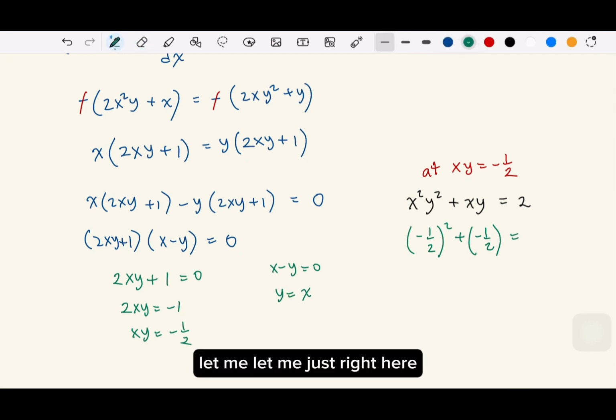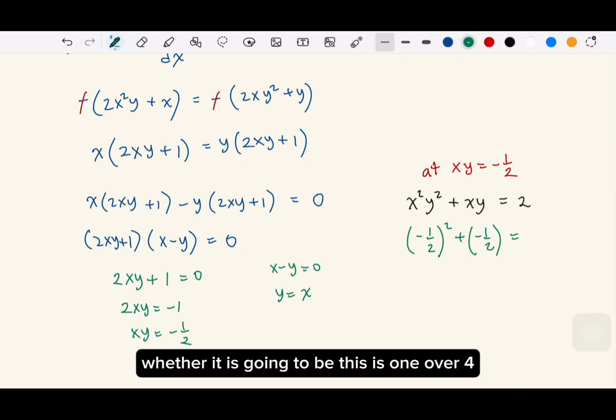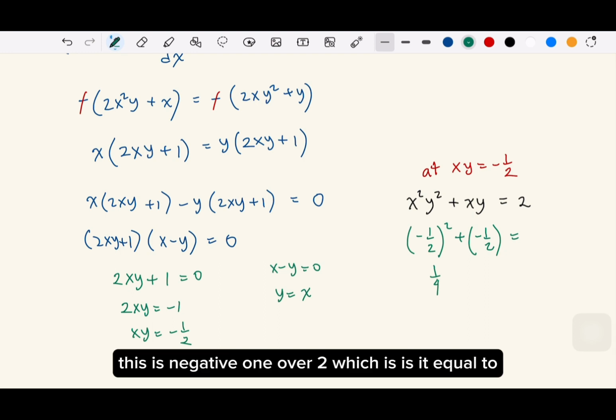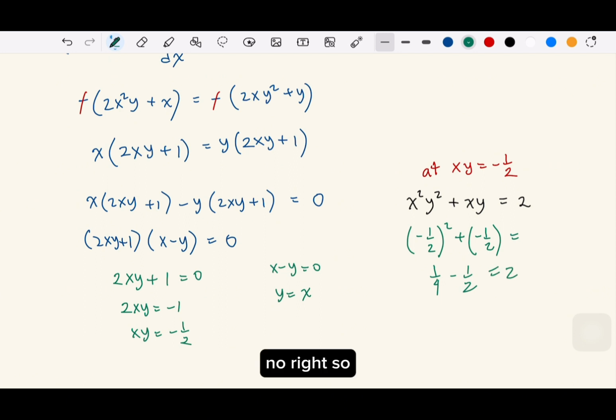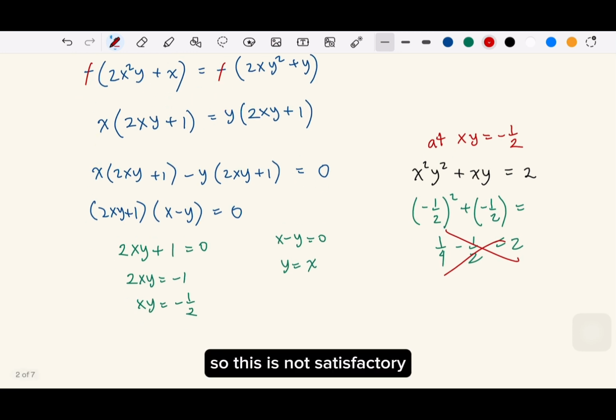This is 1/4, this is -1/2, so is it equal to 2? No, right? So this is not satisfactory.